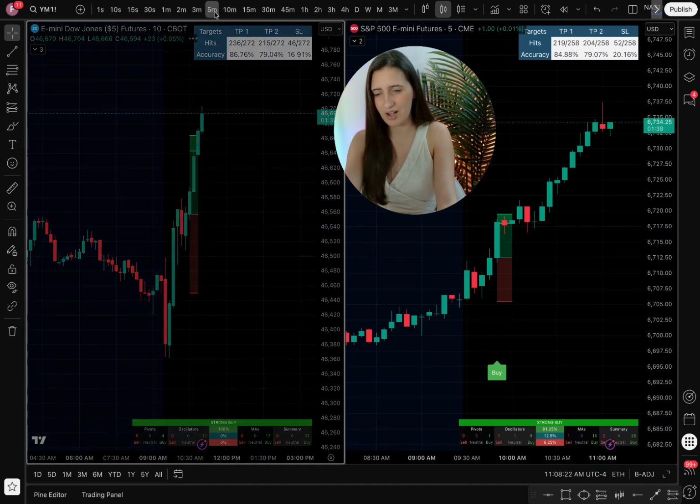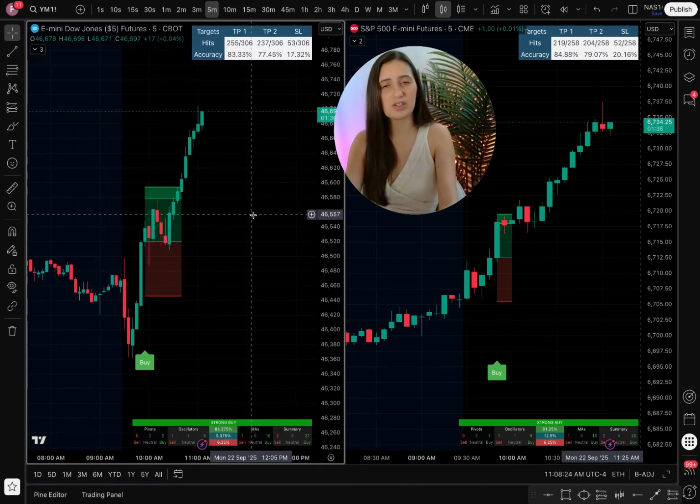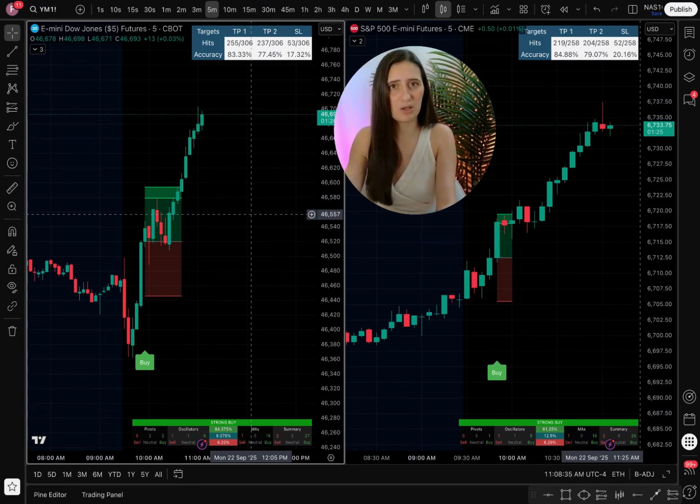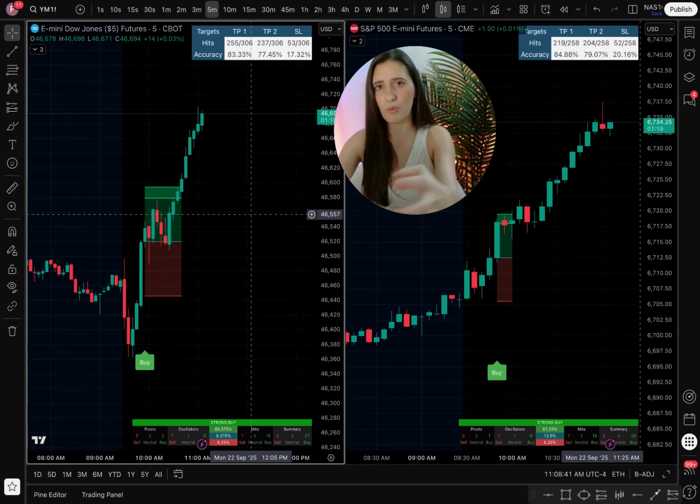You see how they're different? They're different because it goes by the strength. So it's not just your typical trading algo that you see out there that gives you a signal, and it's just the same take profit 1 and 2 and the same stop loss every single time. This is geared to flow with the market.